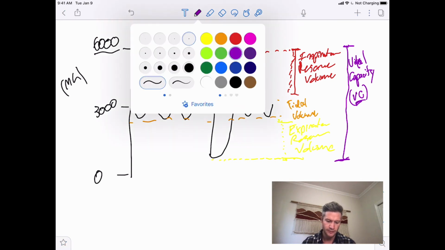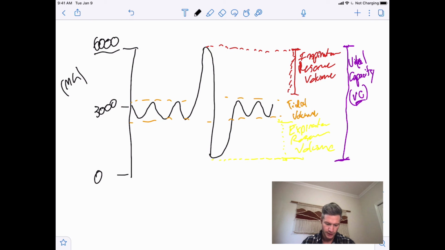So the one thing the vital capacity does not include is this volume between 0 and that bottom point of our expiratory reserve volume. So this here is essentially just dead airspace that we can't use and can't get to, unless we were in a vacuum room where it would get sucked out.